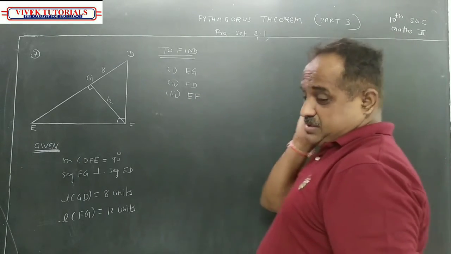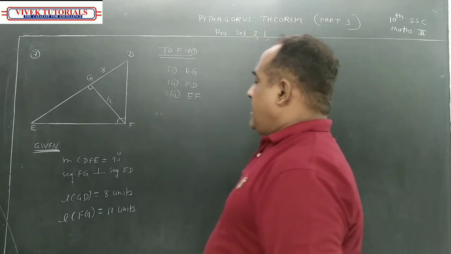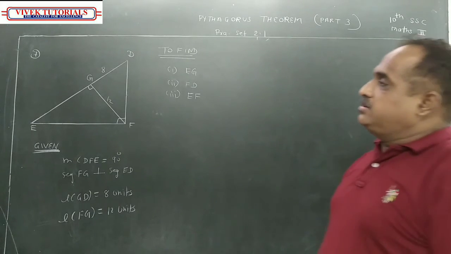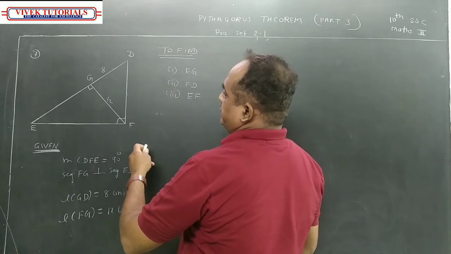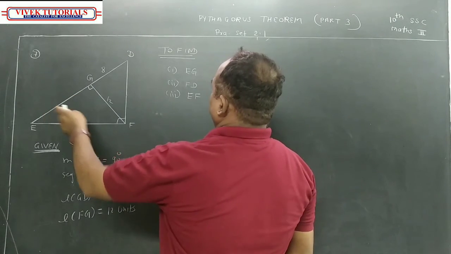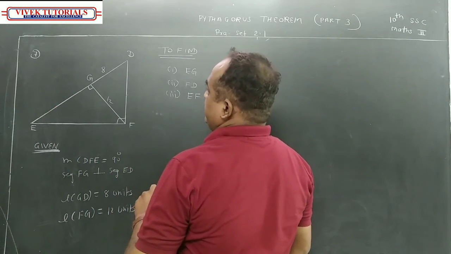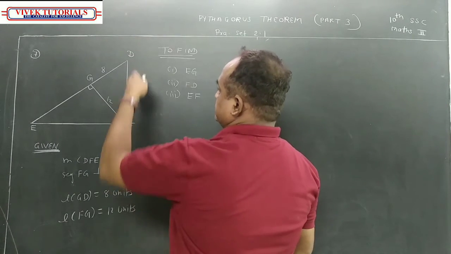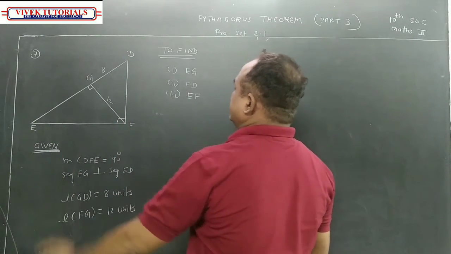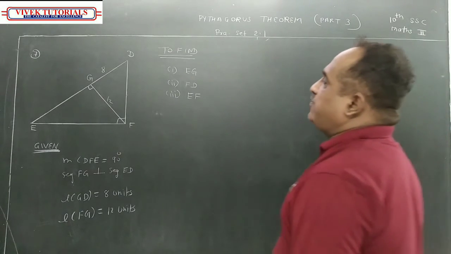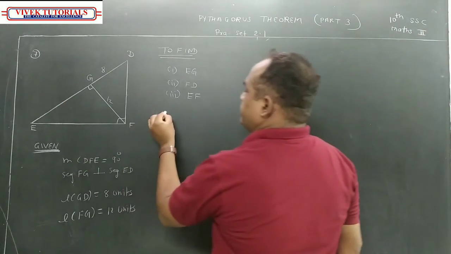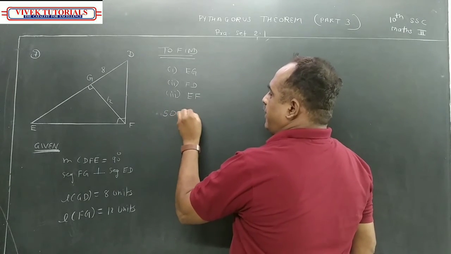Okay, so now we have to find out EG, we have to find out FD, and you have to find out EF. So first of all we find out EG. Solution.